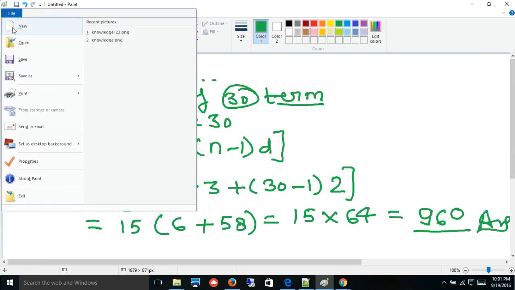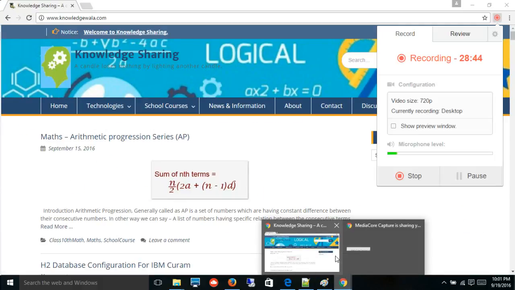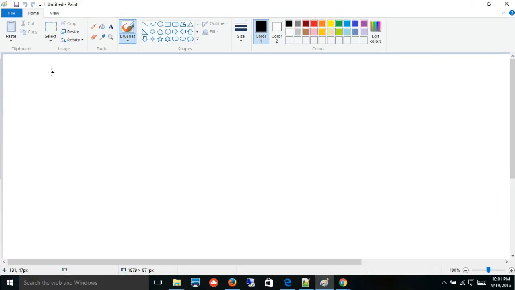Now I am moving towards the second question. This is also a very simple question I am going to take. Here the question is saying we have an arithmetic progression of 4, 2, 0, minus 2 and so on.